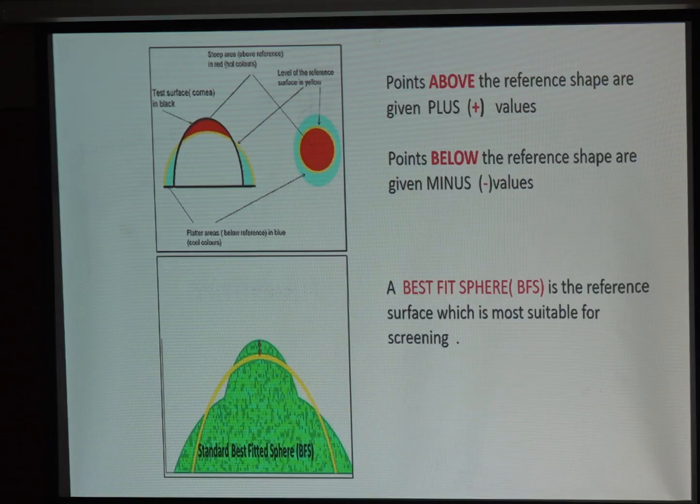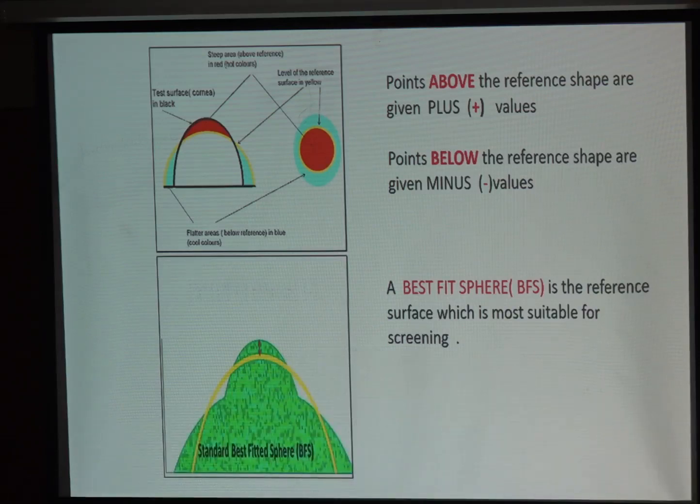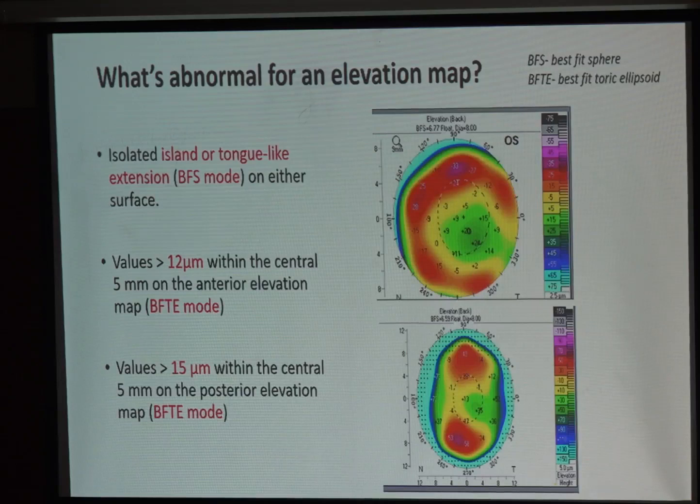Ectasias, like I mentioned, are either in the center or in the mid periphery for most of the things, keratoconus and all. So we look for these plus and minus values in the center and the mid periphery. The peripheral values in that sense are not so important, right? So what's abnormal? This again has been mentioned in the previous talk. So you look for these patterns.